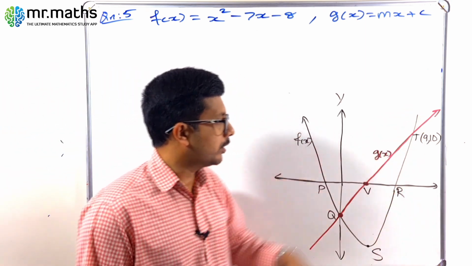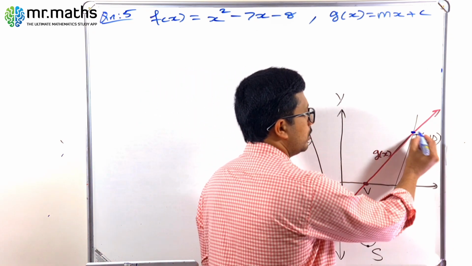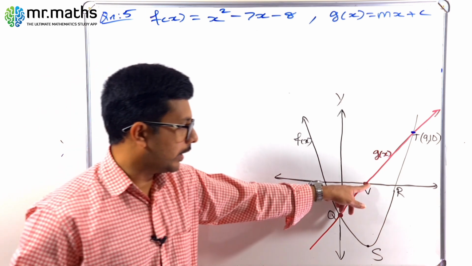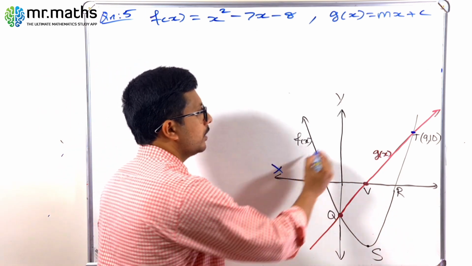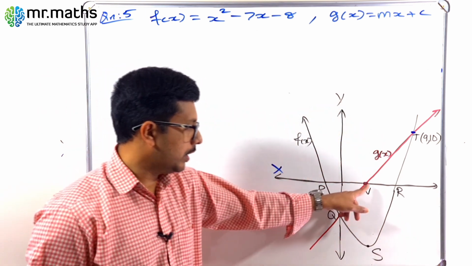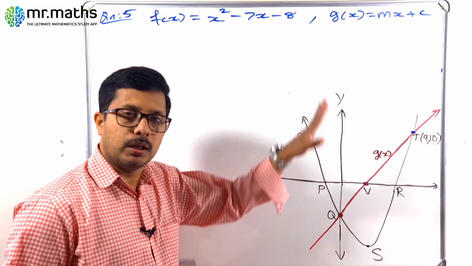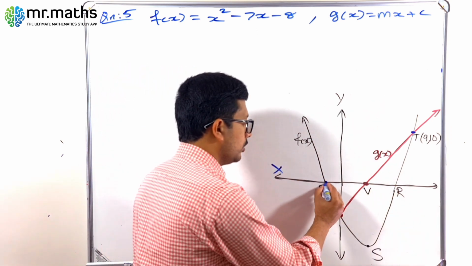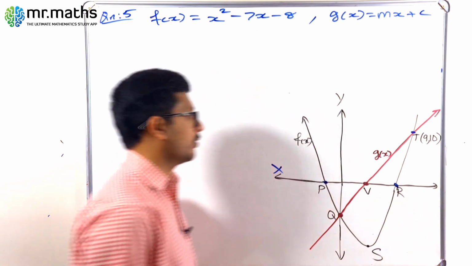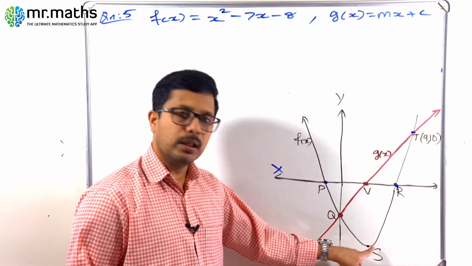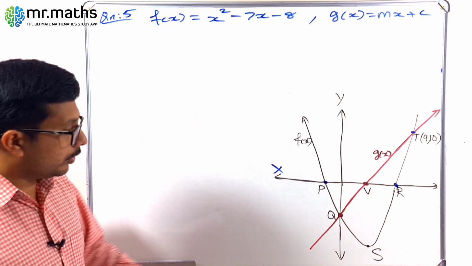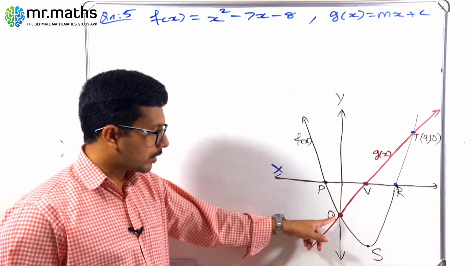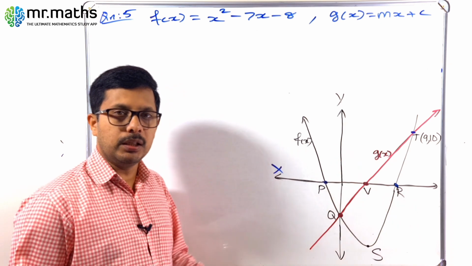It intersects at the point T (9, 10). This is the x-axis and this one is the y-axis. V is the x-intercept of the straight line, and P and R are the x-intercepts of the parabola. S is the turning point, and Q is the y-intercept of both f of x and g of x.